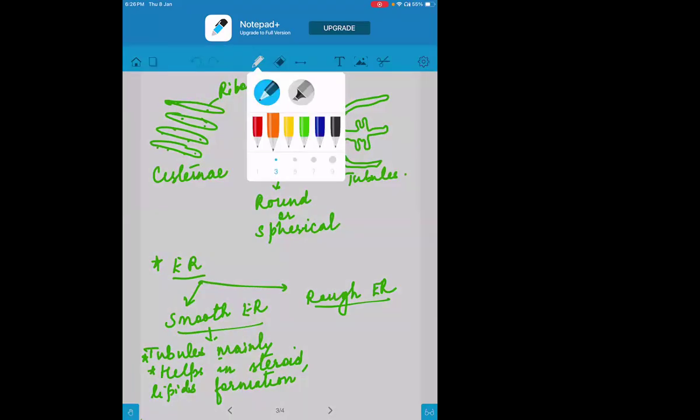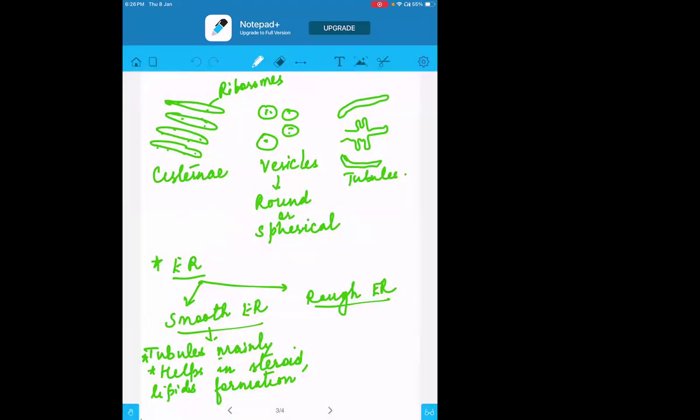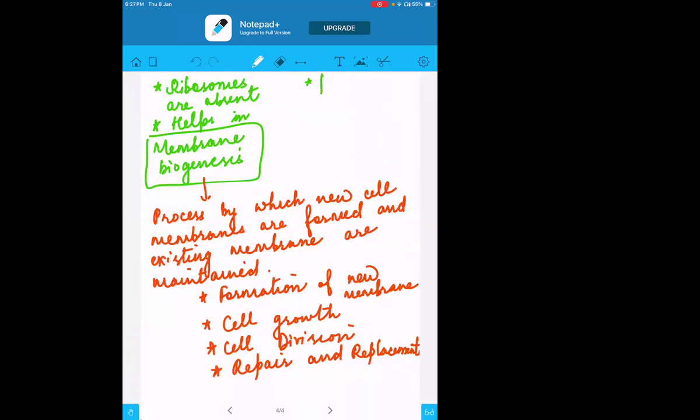Then the second one is the rough endoplasmic reticulum. It is made up of cisternae and vesicles. They have ribosomes, and that's why it looks rough under the microscope. Because the ribosomes help in protein synthesis, it also helps in membrane biogenesis.